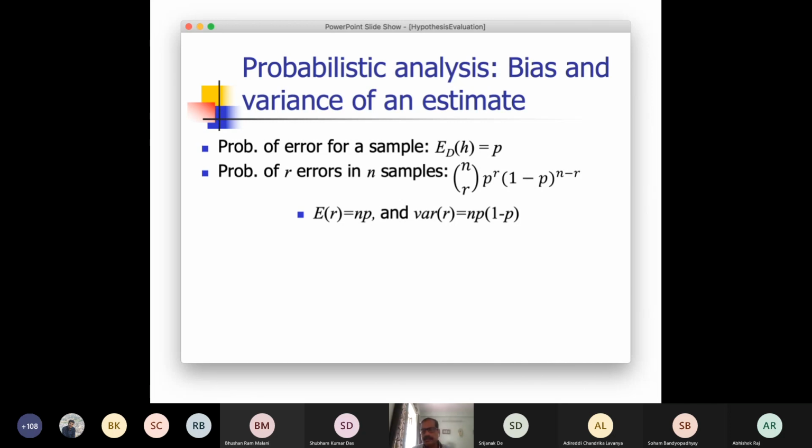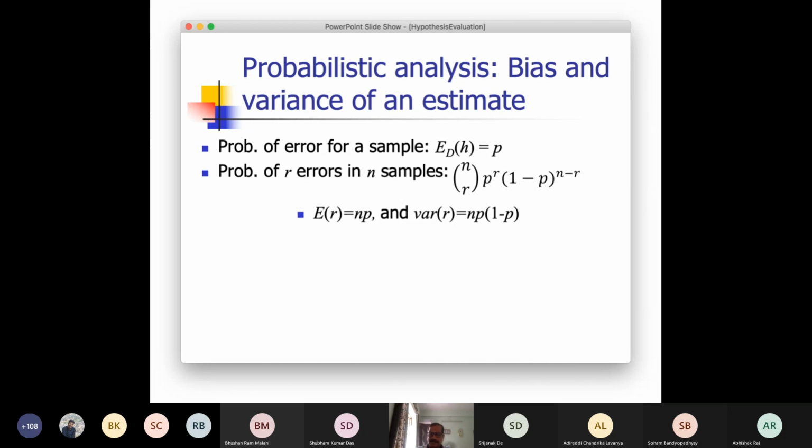In the binomial distribution, if you consider the expectation of the random variable, now these are the random variables. If you do the maths and apply the respective expressions, you will get these values. The expectation of the number of times the error occurs out of n trials should be n into p.